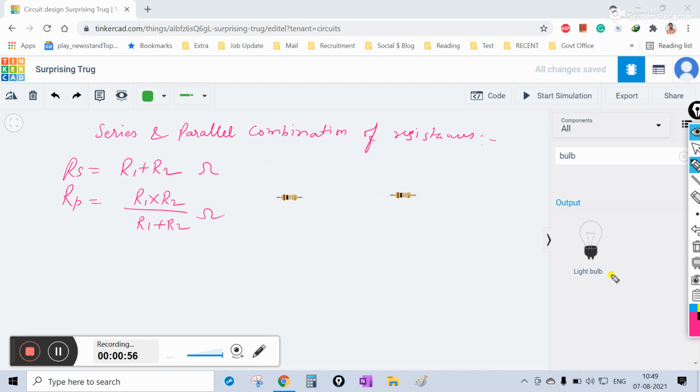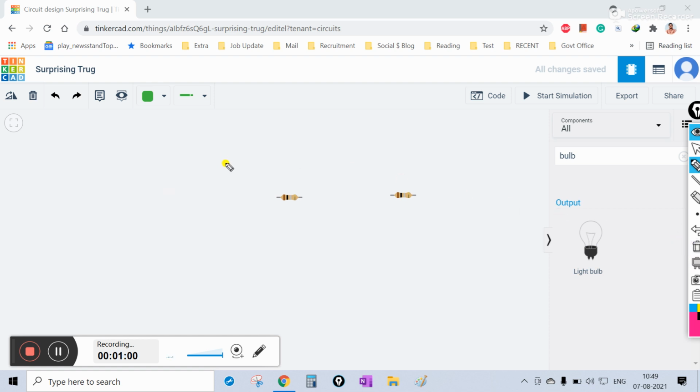So practically we are going to see what happens if we connect in series and what happens if we connect in parallel. I am using two resistances here, and I'll check what happens with the value of this equivalent resistance.